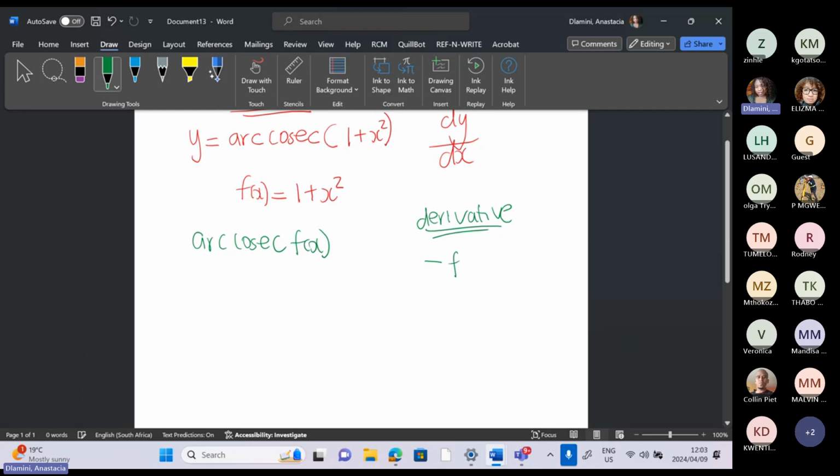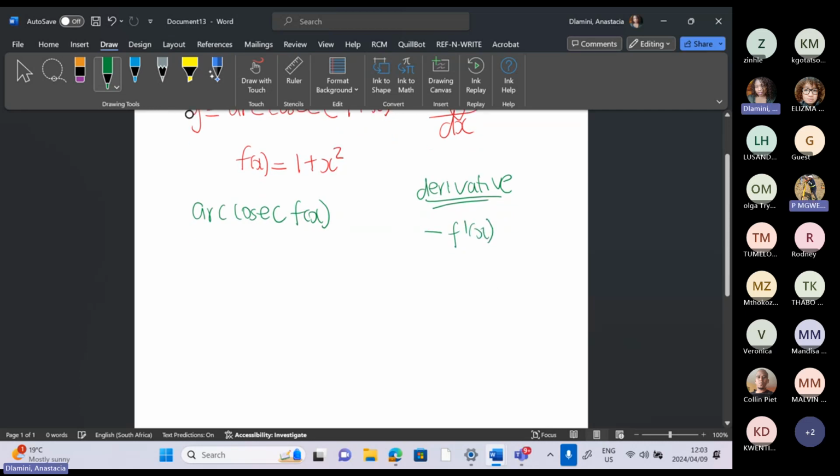Minus f prime of x, divided by f of x square root, bracket f of x to the power of 2.